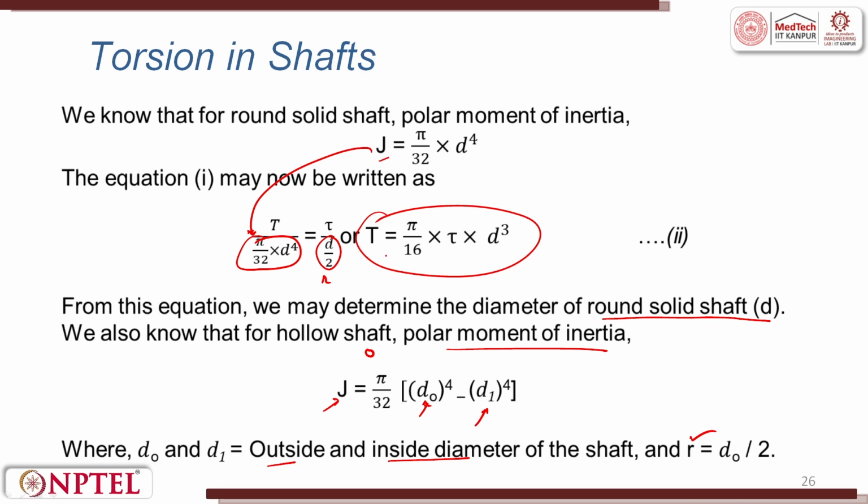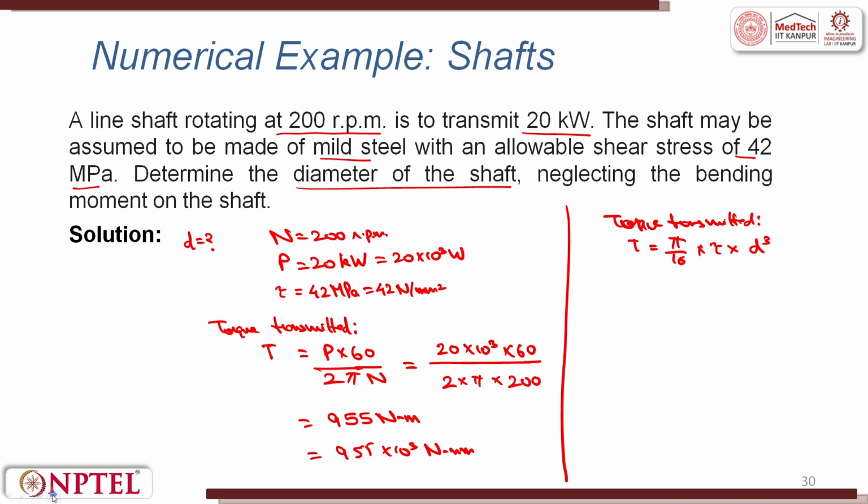So, this we have put in our numerical problem. This gives me T, 955 into 10 raised to power 3, is equal to pi by 16 into tau, where the value of tau is 42 megapascal, into d cube.